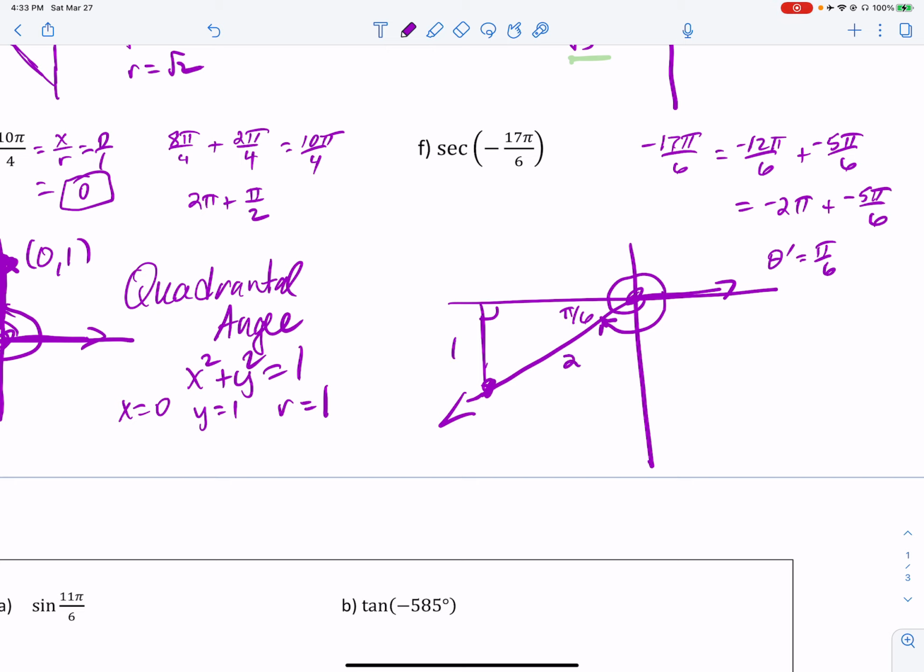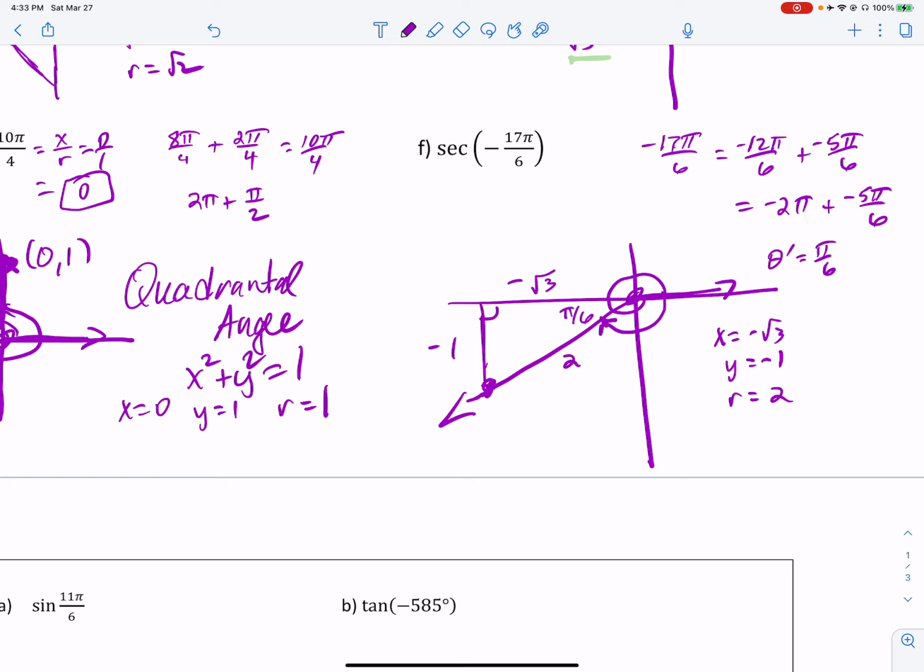But we're in quadrant 3, so it's going to be a negative x and a negative y. So x is a negative root 3, y is a negative 1, and the radius is always considered positive. And secant is the reciprocal of cosine. It is hypotenuse over adjacent. It is y over x.